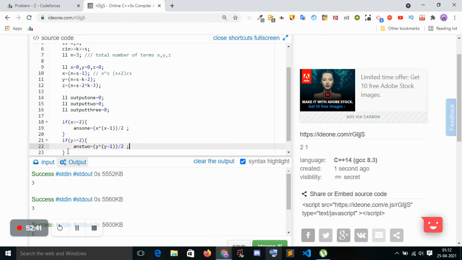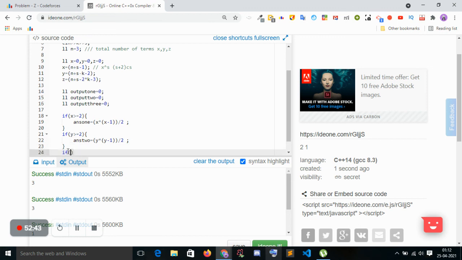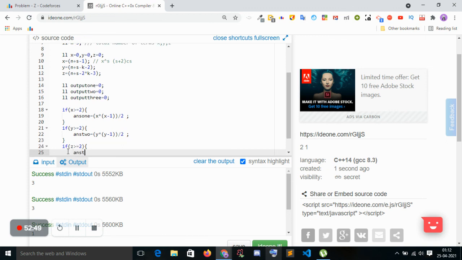So if z is greater than or equal to, answer 3. Okay, I'm actually getting answer 1 and just output 1. So answer 1.